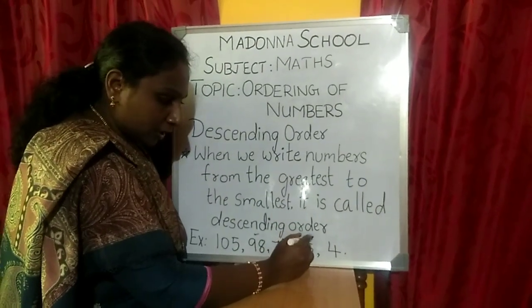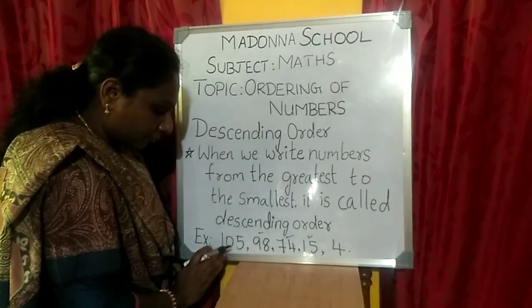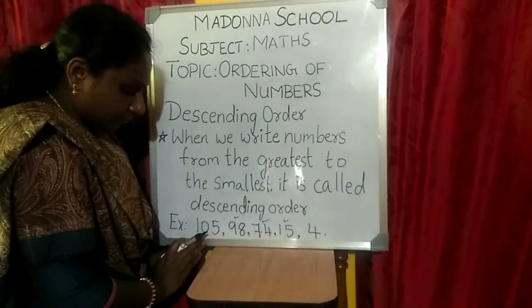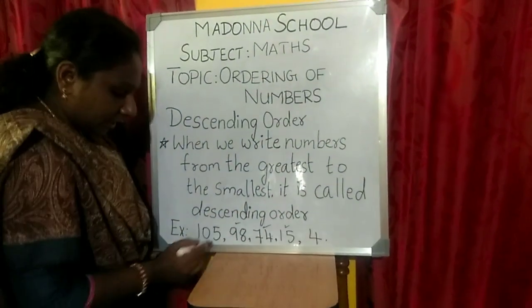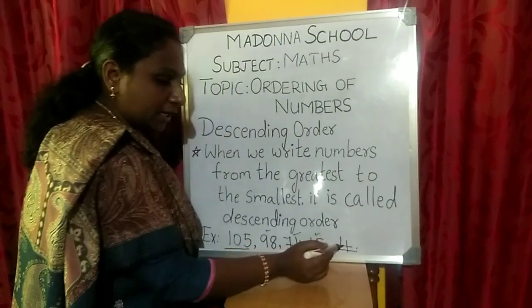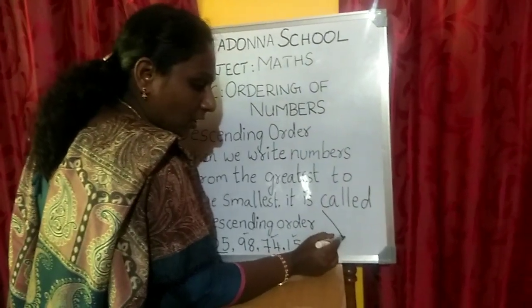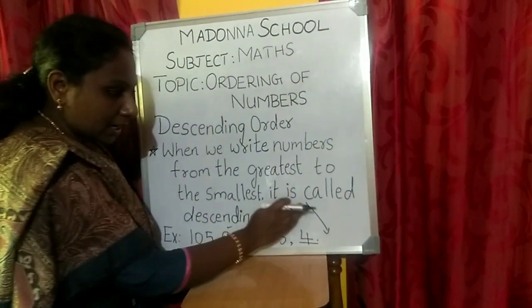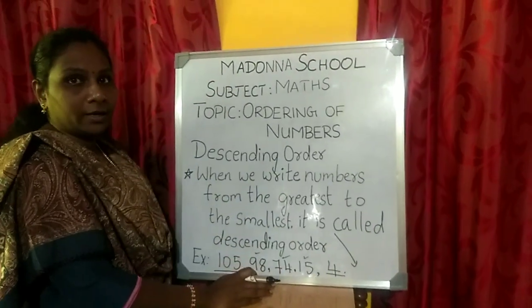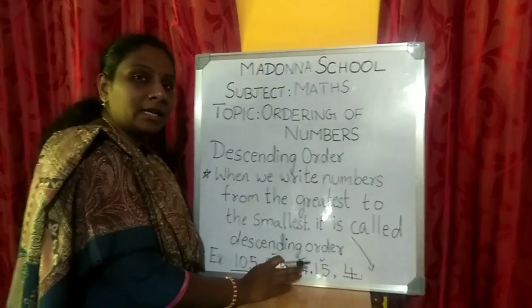So it is from greatest to smallest. The greatest number is 105 and the smallest number is 4. It is in decreasing order. It is called what, children? Descending order.